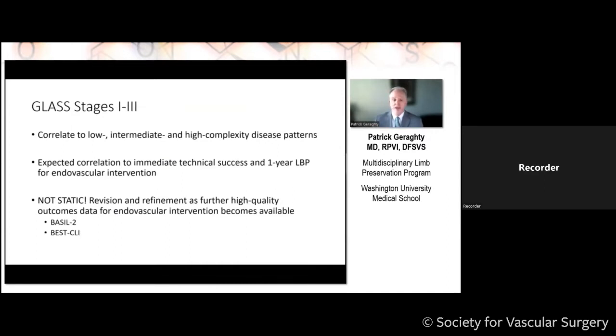The data provided gives us estimated immediate technical success, as well as 1-year limb-based patency for endovascular intervention. It's important to emphasize that these are not static in nature. As better data becomes available, we anticipate that these guidelines will be revised and refined accordingly. Within the next year, we expect to see an excellent incoming amount of data from both the BASIL-2 trial in the UK as well as the BEST-CLI trial.